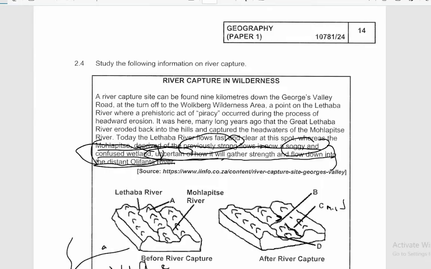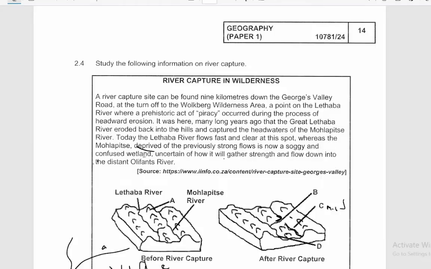It's now very weak, no longer having its strength because its water has been intercepted. That is basically where we capture the quotation which links us to the response to that question on the misfit, which is talking about the stream which keeps on existing after the process of piracy has taken place.